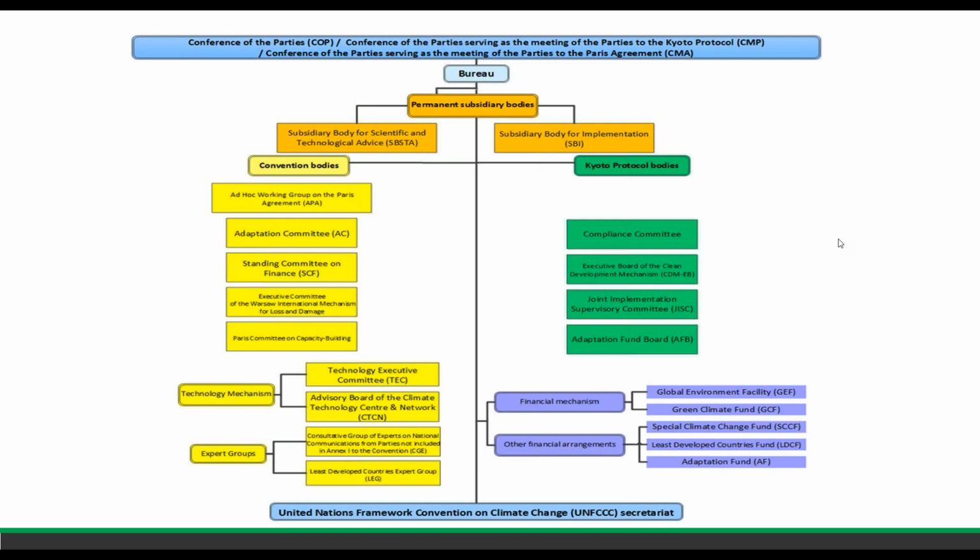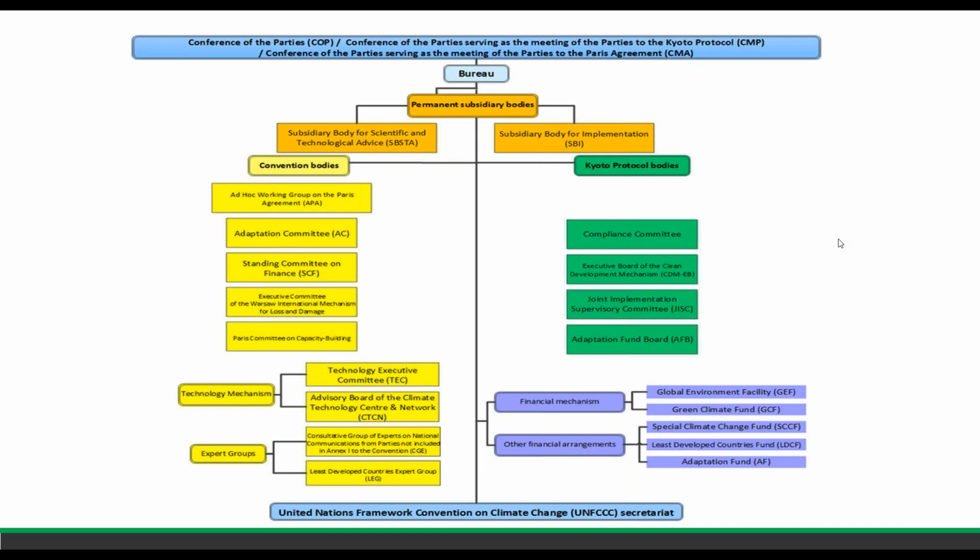If you want to follow climate finance, what you need to understand about the architecture of climate finance is that the convention itself has a financial mechanism which consists of two funds, the Global Environment Facility, or the GEF, and the Green Climate Fund. And within that, the GEF, which is one of the main funds originally set up, also manages two other special funds, which is the Special Climate Change Fund and the Least Developed Country Fund.